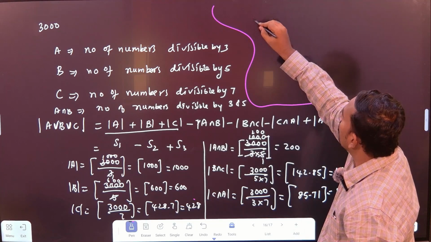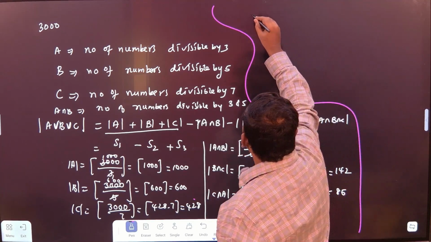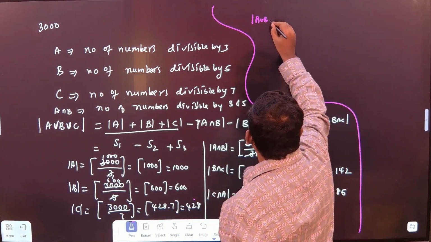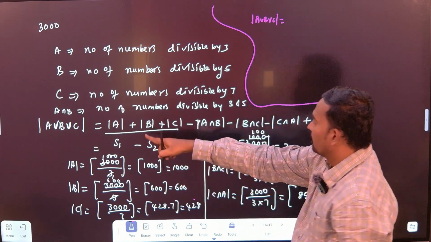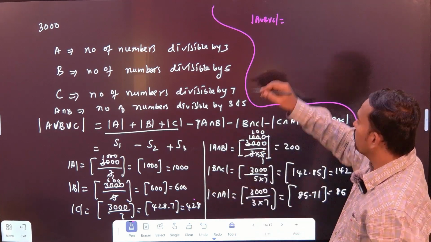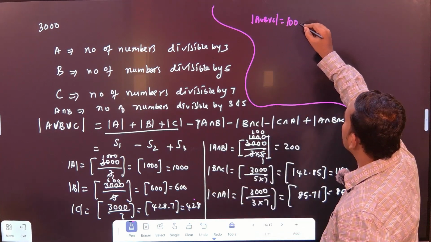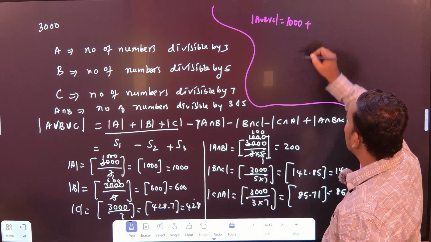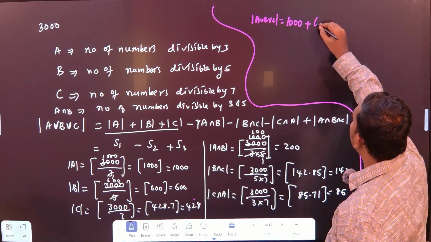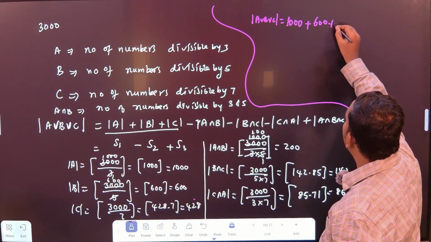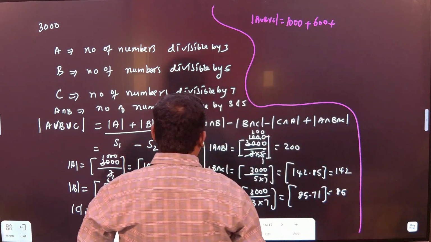So we need A union B union C. So cardinality of A is what? 1000, plus B is 600, plus C is what? 428.